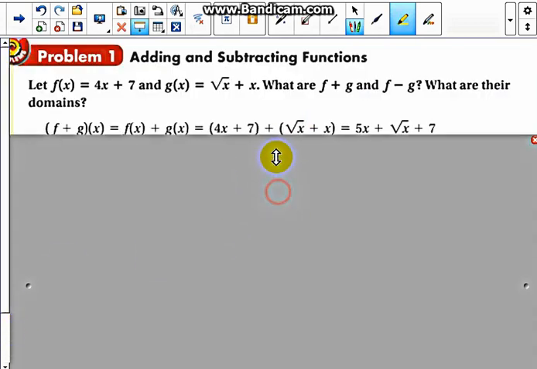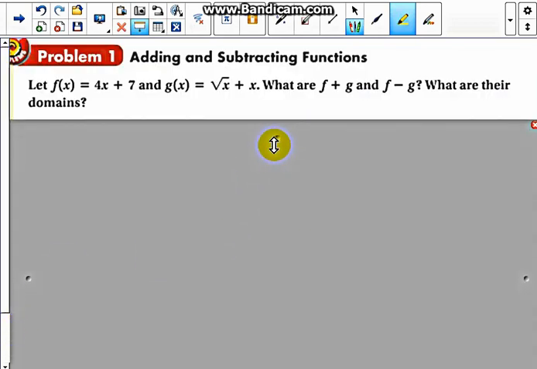Looking at our first problem, it says let f of x equal 4x plus 7 and g of x equal radical x plus x. What are f plus g and f minus g?